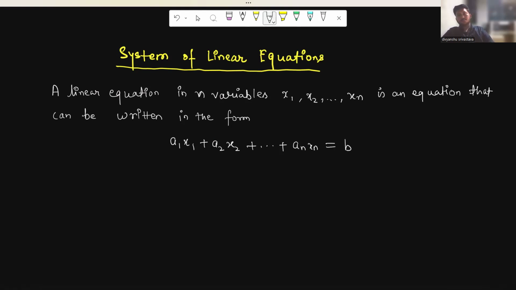Where a1, a2, and b are real or complex numbers.